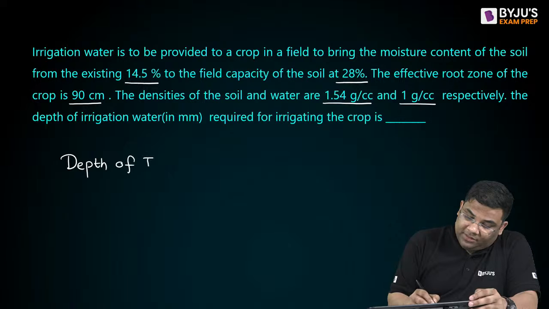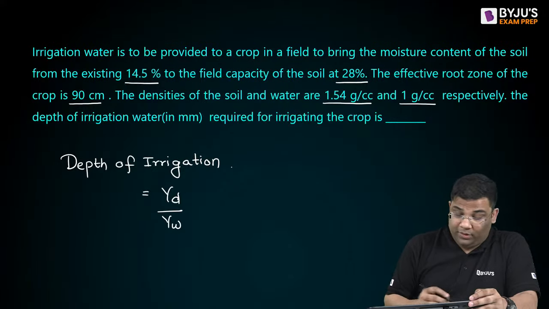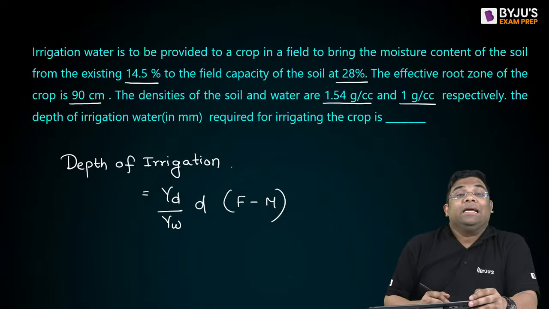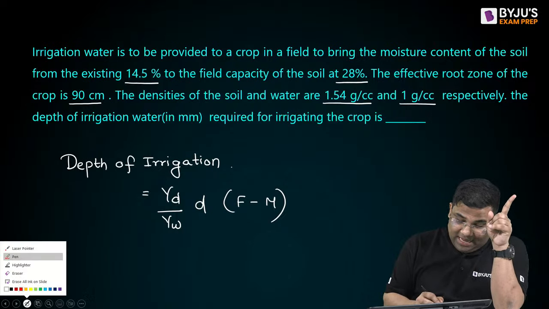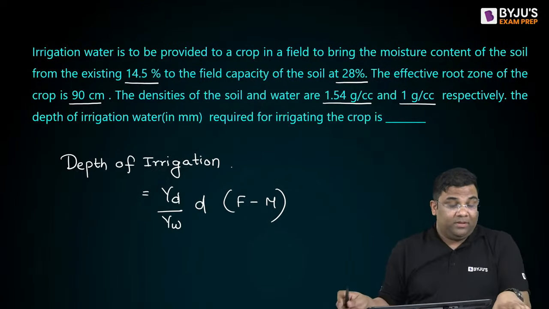Please solve this. Depth of irrigation. It is simply gamma D by gamma W, then your depth of root zone, then F minus your moisture content. And whenever you are mentioning F and M, that should be in decimal. So please solve this question.